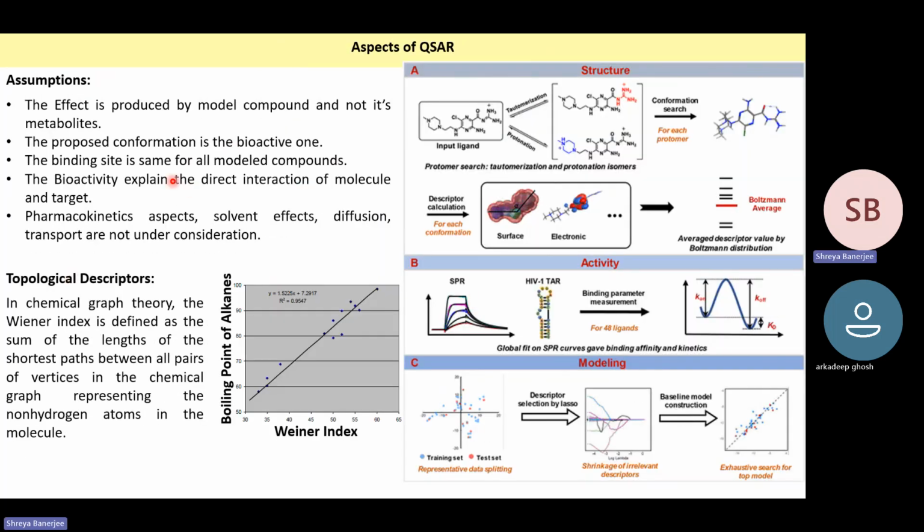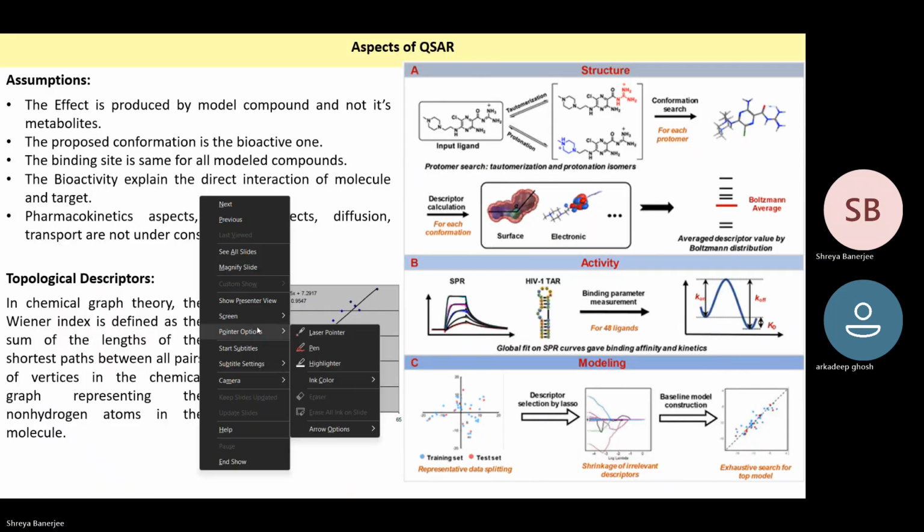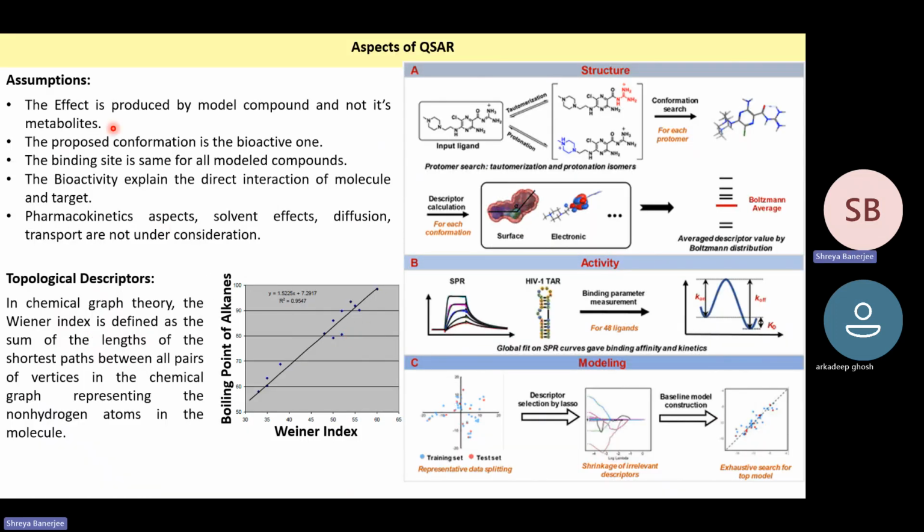Now, there are certain assumptions in QSAR. So we'll look at the assumptions one by one. One is that the effect is produced by the model compound and not by its metabolites. So we start with a lead compound. One of the assumptions we have is that the biological activity is due to the lead compound and not the metabolites.